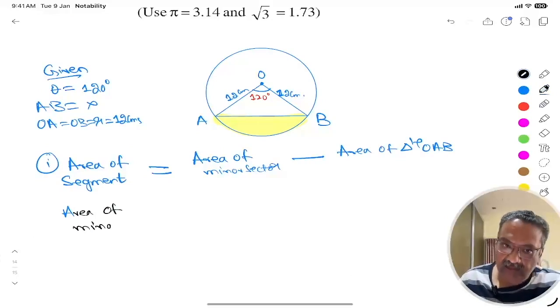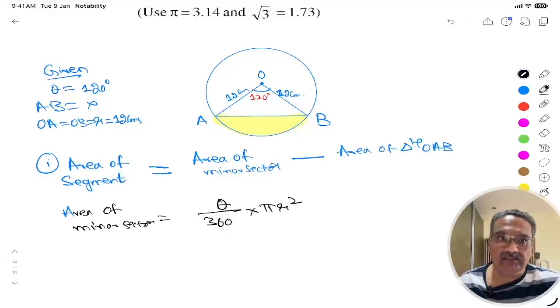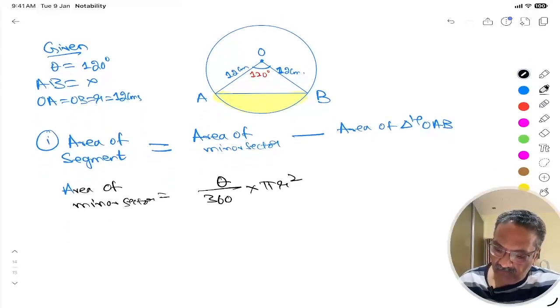Alright. So first let us find the area of minor sector. What is the area of minor sector? Area of minor sector is equal to theta by 360 into pi r square. Have they asked us to take a pi value 3.14? Yeah, they have told us to take it as 3.14.